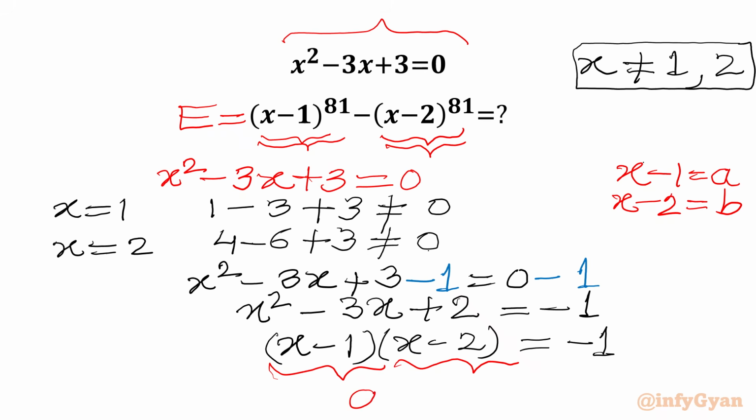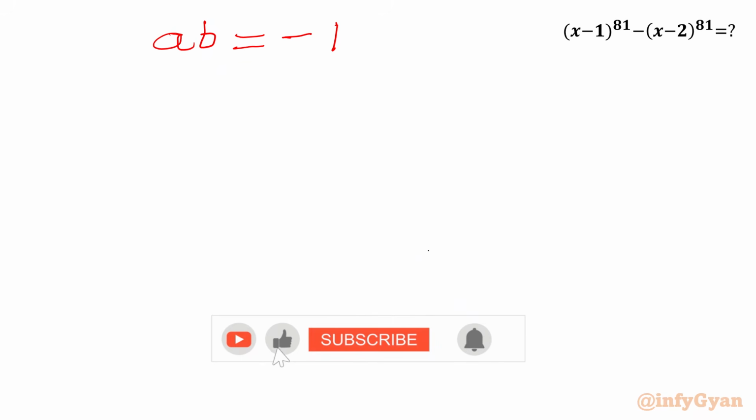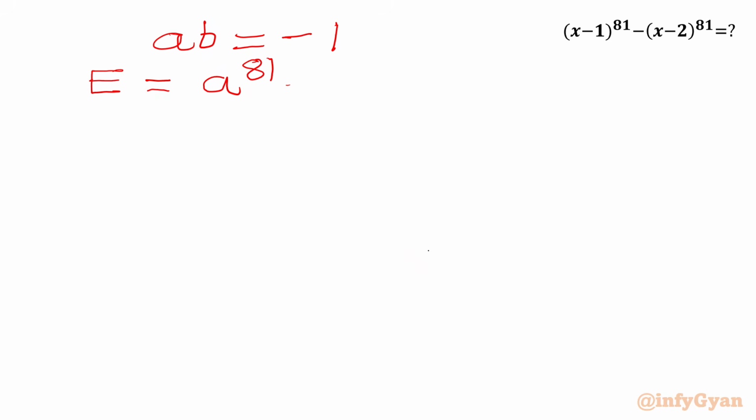So we can write our equation a times b equal to negative 1, and the required expression would be a power 81 minus b power 81.